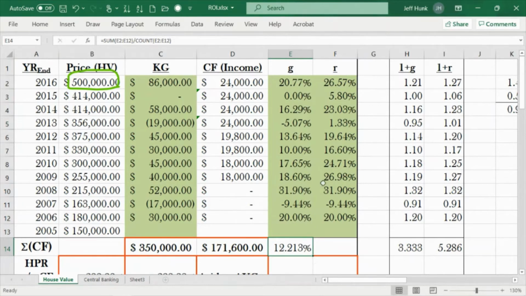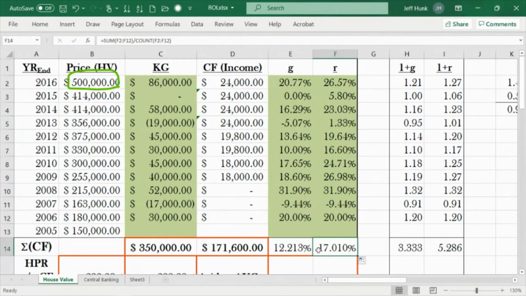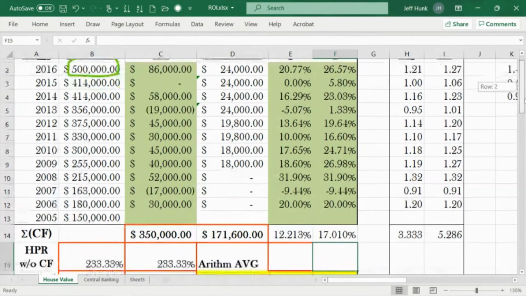Okay, but I told you this is a simple average, and simple average is not right. But because you don't know any better, let's say you did a simple average. Do the same thing here. Then the simple average looks like that.